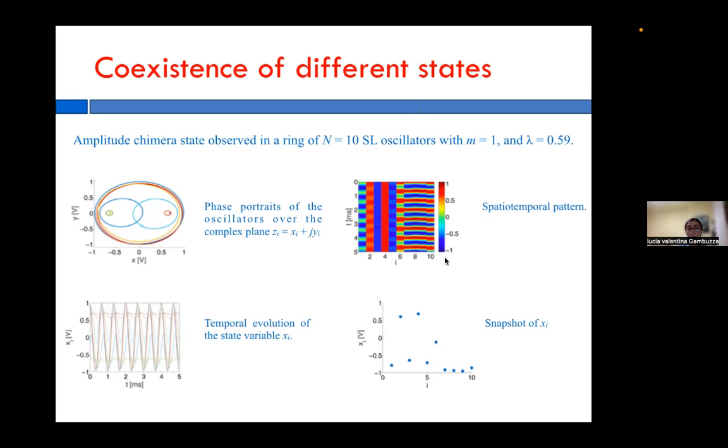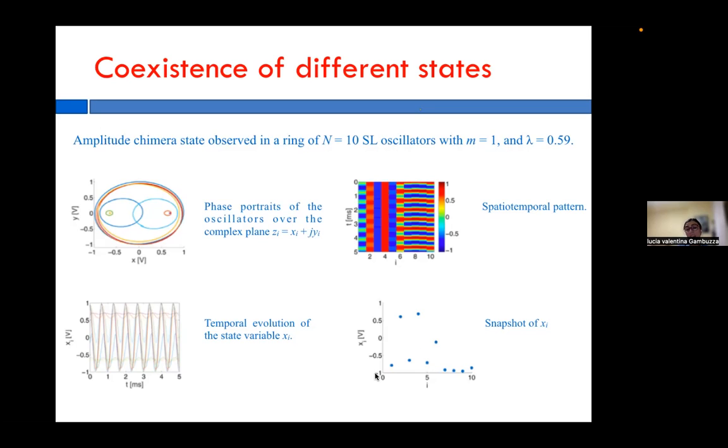And also we have identified a state in which one part of our system, for example units 2, 3, 4, and 5, are oscillation death, and nodes 1 and 6 are trying to oscillate. So we have a small oscillation in the amplitude, and finally we have the global synchronization among units 7, 8, 9, and 10.